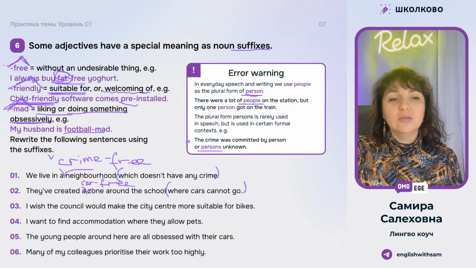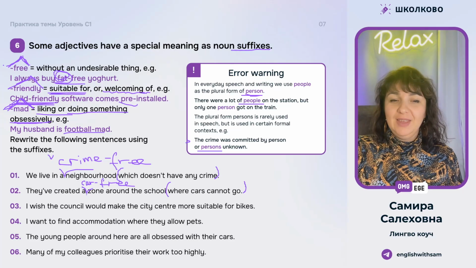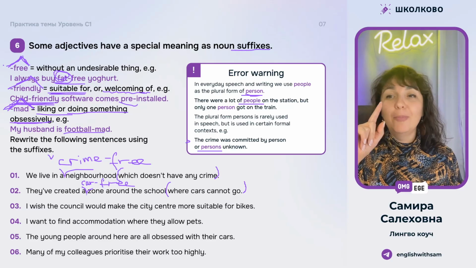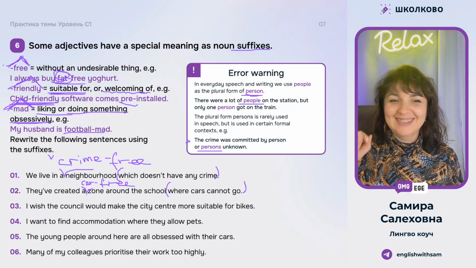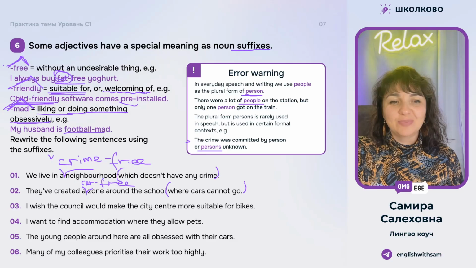I wish the council would make the city center more suitable for bikes. So here, bikes free is not right.